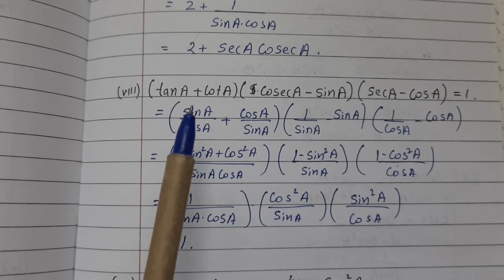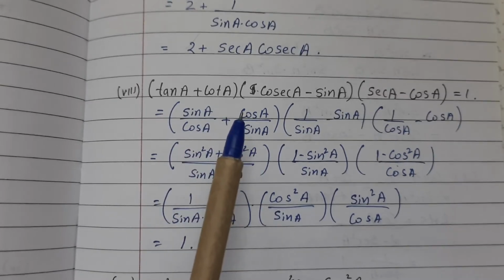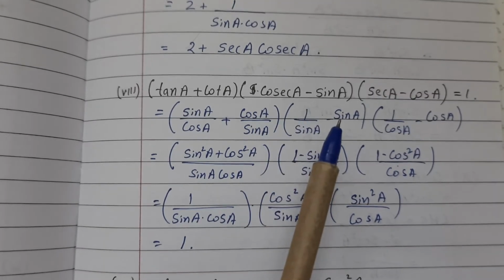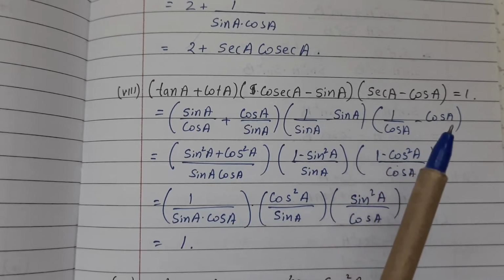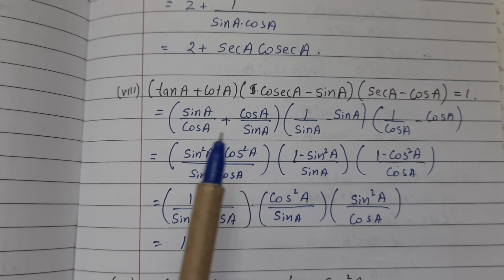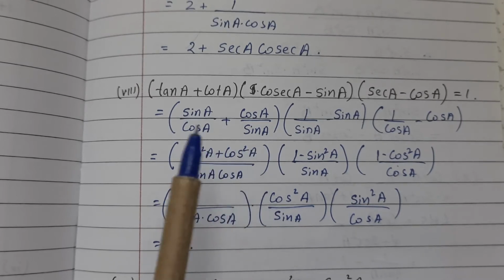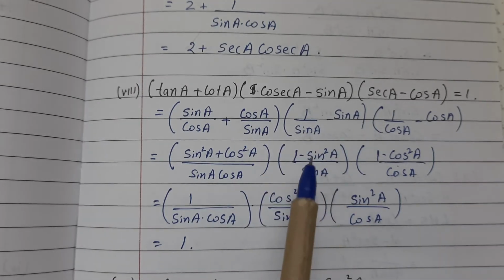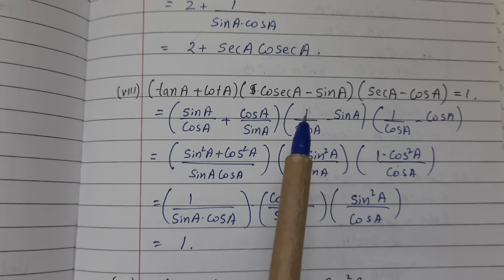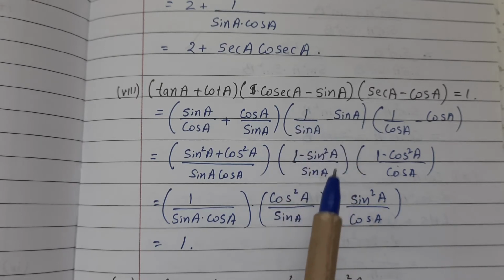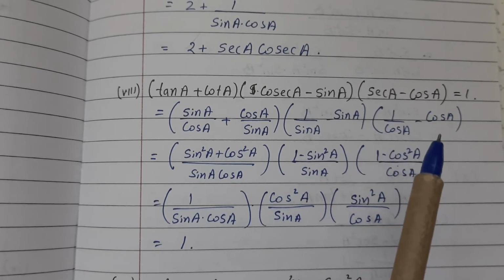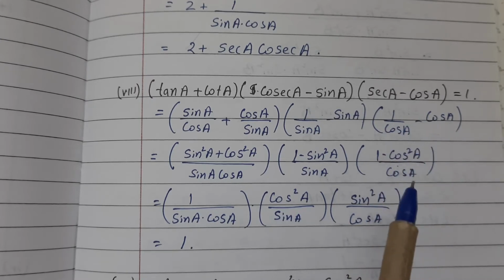Tan A is sin A upon cos A plus cot A is cos A upon sin A, into cosec A is 1 upon sin A minus sin A, sec A is 1 upon cos A minus cos A, equal to LCM of these two denominators is sin A into cos A, multiply and divide by sin A for sin square A, plus multiply and divide by cos A for cos square A. LCM of these two denominators is sin A, so multiply and divide by sin A. We get numerator 1 minus sin square A upon sin A. LCM of these two denominators is cos A, multiply and divide by cos A, 1 minus cos square A upon cos A.